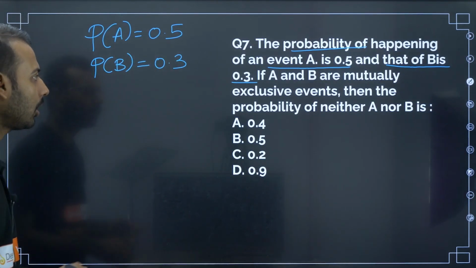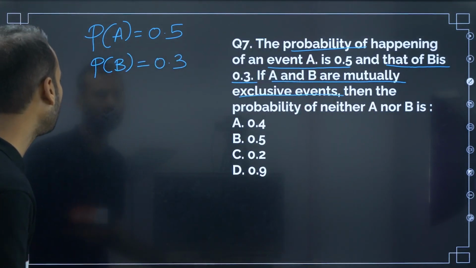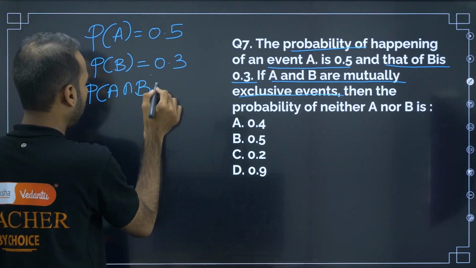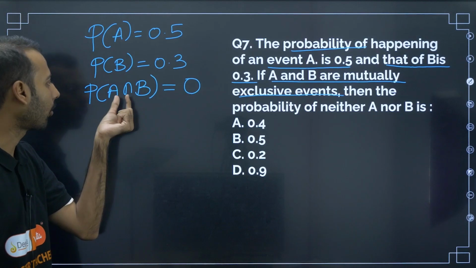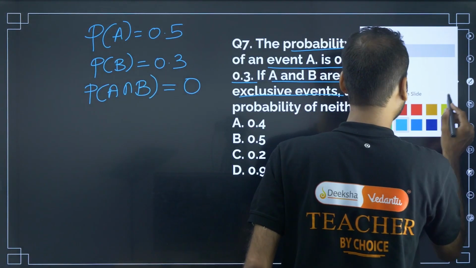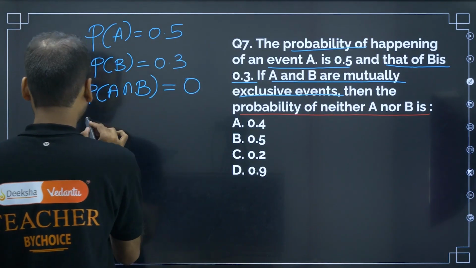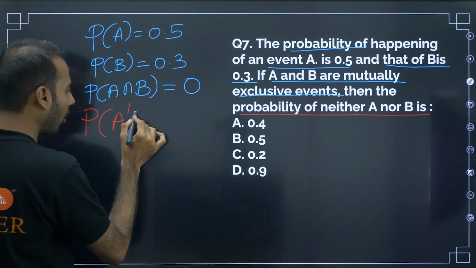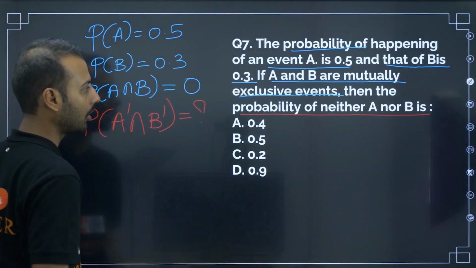If A and B are mutually exclusive events, it means if one occurs, the other does not occur, so probability of A and B is 0. Then the probability of neither A nor B is what? This is the question.